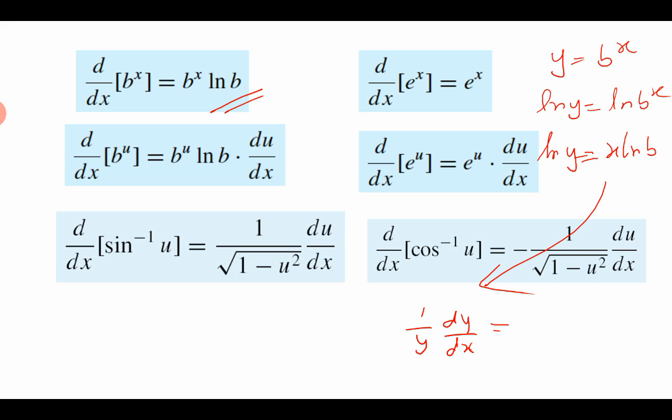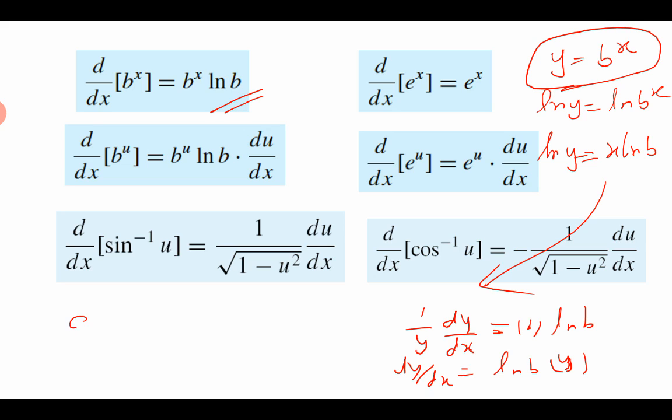On the right side, x is the only variable, so it will be 1, and the constant ln b remains. So dy by dx is equal to ln b, the constant, times y. What is y? Y is the given function b power x. So the answer, dy by dx, is ln b times b raised to x. So that is for this formula.